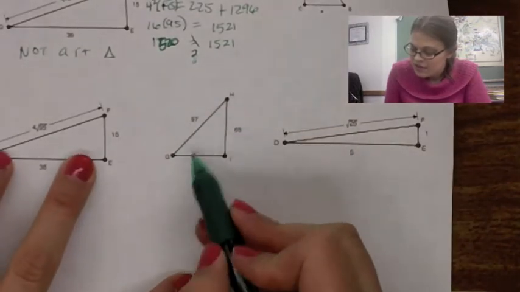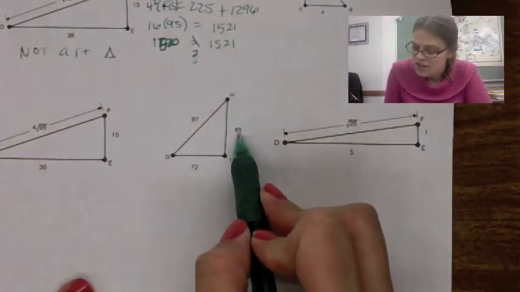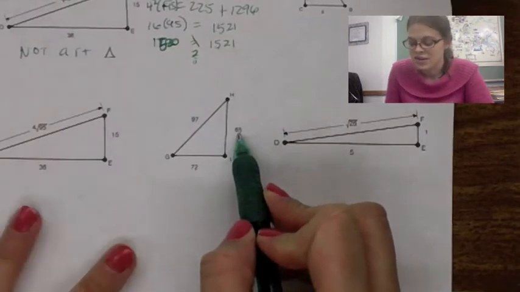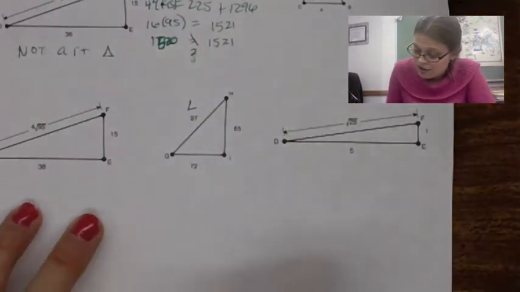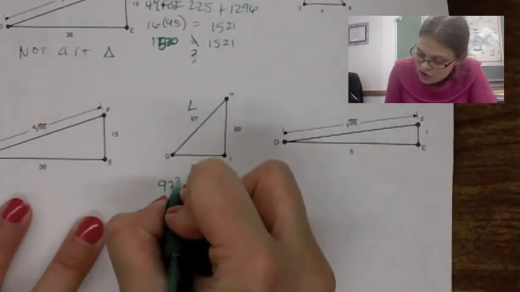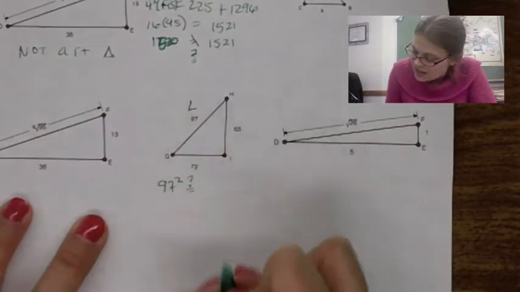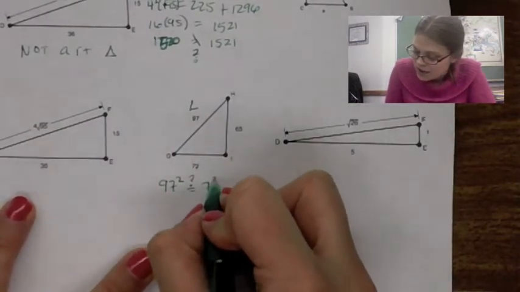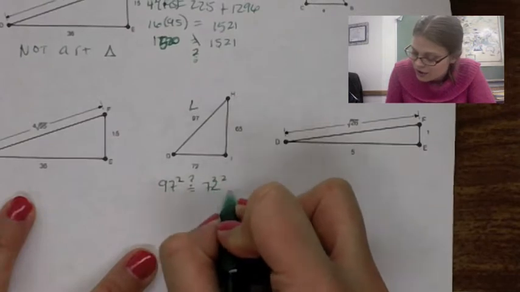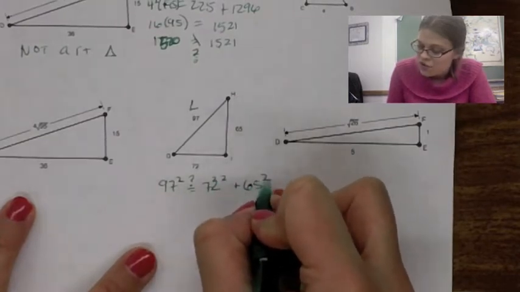So between 97, 72, and 65, you're asking which one is the longest side. Well, 97 is the longest side. So I'm going to do 97 squared, and we're going to see is that equal to the other two sides squared, so 72 squared plus 65 squared.